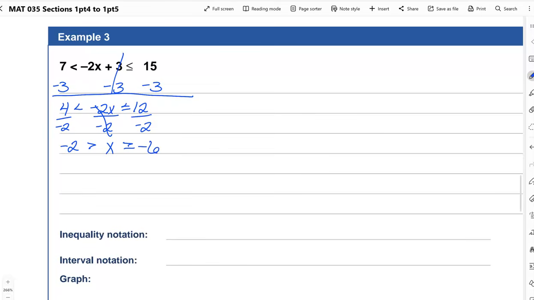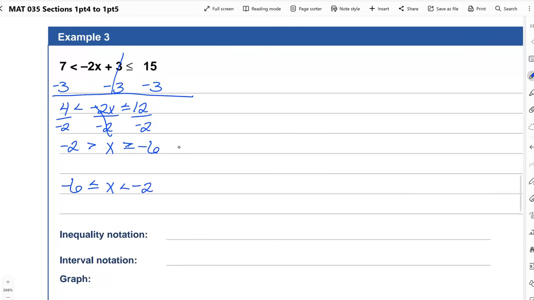Okay, I don't like reading things that way. I'm going to flip the whole thing. So notice that my negative 6, that point is pointing towards it. And then notice my point is pointing towards the x here.